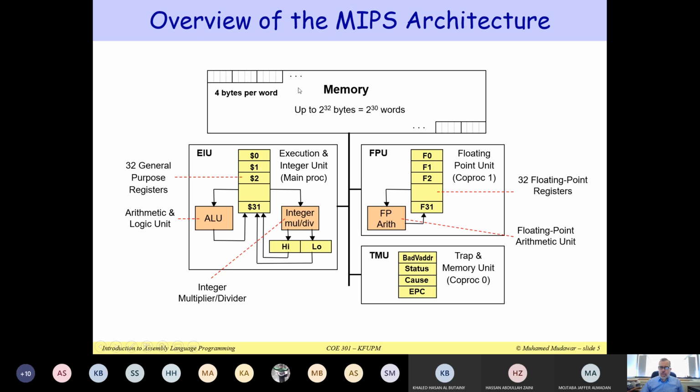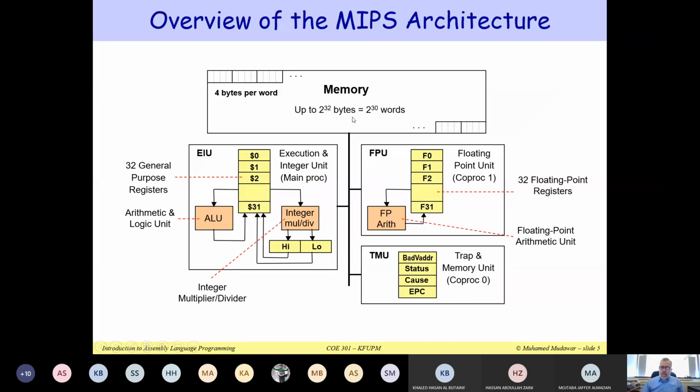You can address the memory byte by byte. So you can load a byte or store a byte inside the memory. You can address it as 2 bytes, we call it a half word, or you can address it as 4 bytes, which is called a word. So the word here means 4 bytes. So you have 2 to the power 32 bytes.